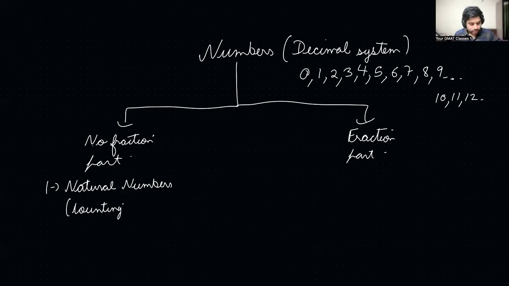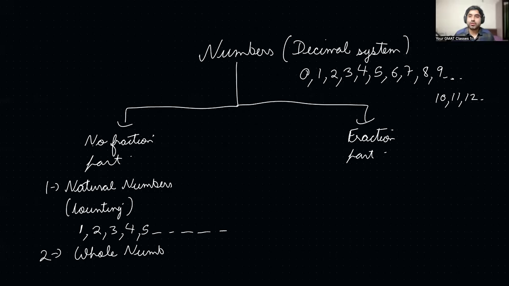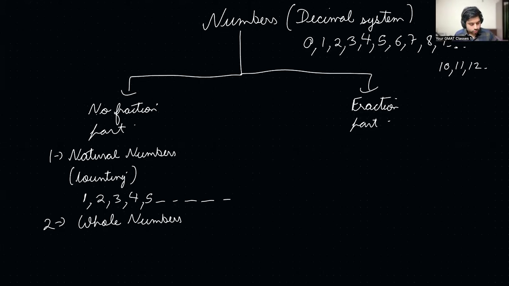That's why natural numbers start from 1 and keep on going further. The second broad classification is whole numbers. The difference between whole numbers and natural numbers is that whole numbers also include 0. So all natural numbers plus 0 constitute whole numbers.